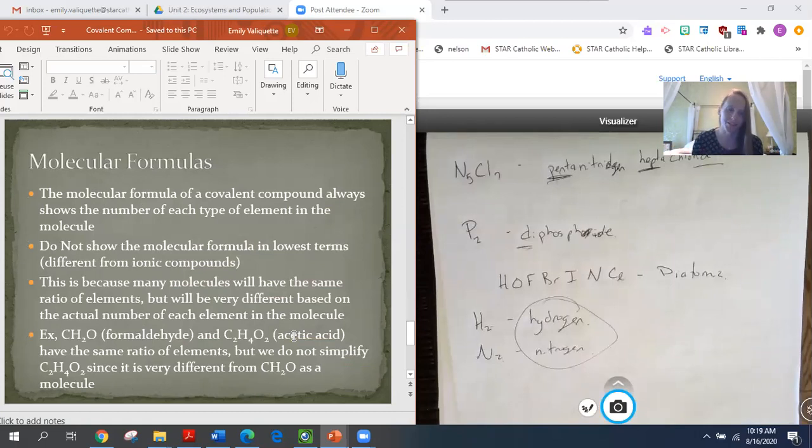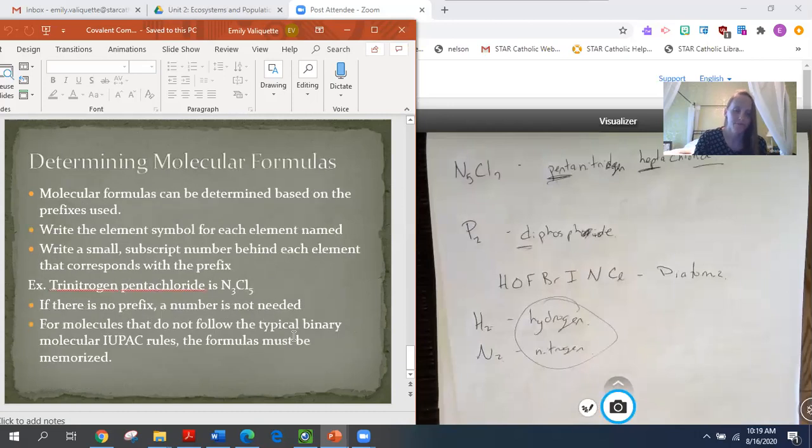So for example, trinitrogen pentachloride tells you that you have 3 nitrogen and 5 chlorine. If there's no prefix, you don't bother writing in a number because that means there's only one of them and we don't bother writing in ones.